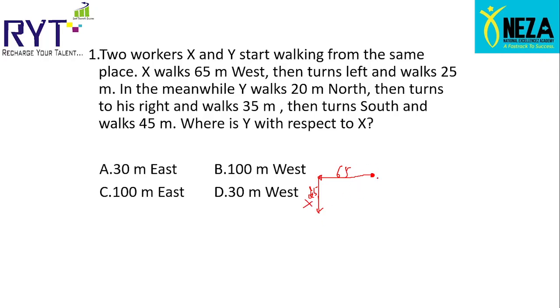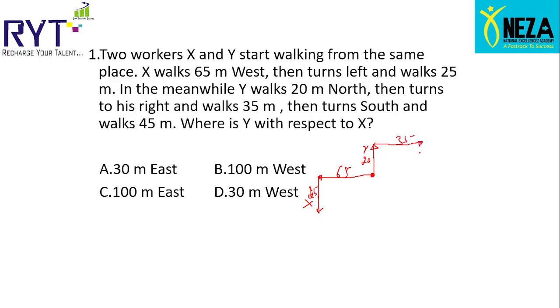In the meanwhile, Y walks 20 meters north. This is Y, 20. Turns right and walks 35 meters.